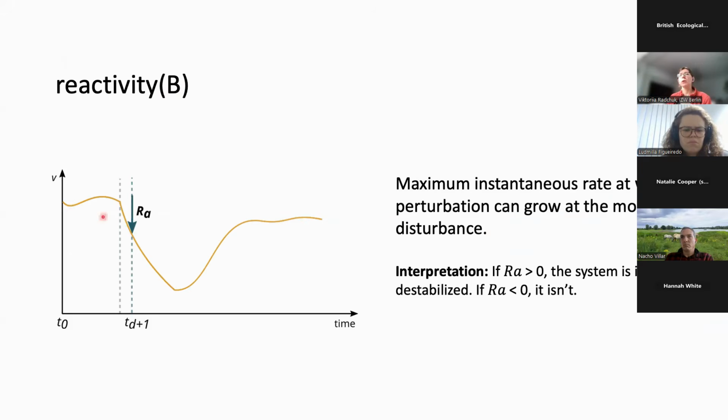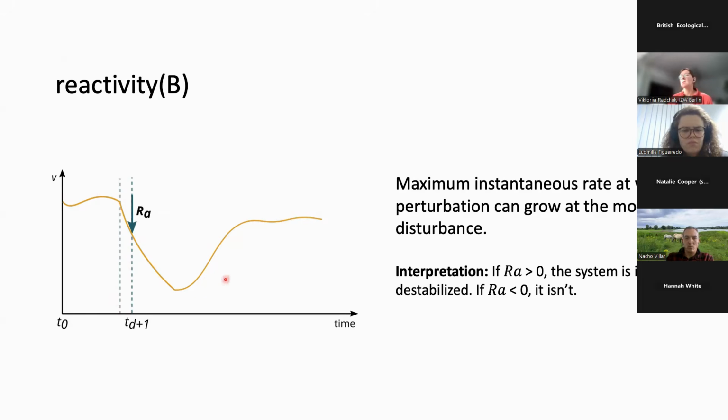We here show a visual representation of what that may reflect. I would like to draw your attention to the fact that this is a very simplified representation because we try to capture it as a univariate time series of one variable that responds to a disturbance shown here in gray.